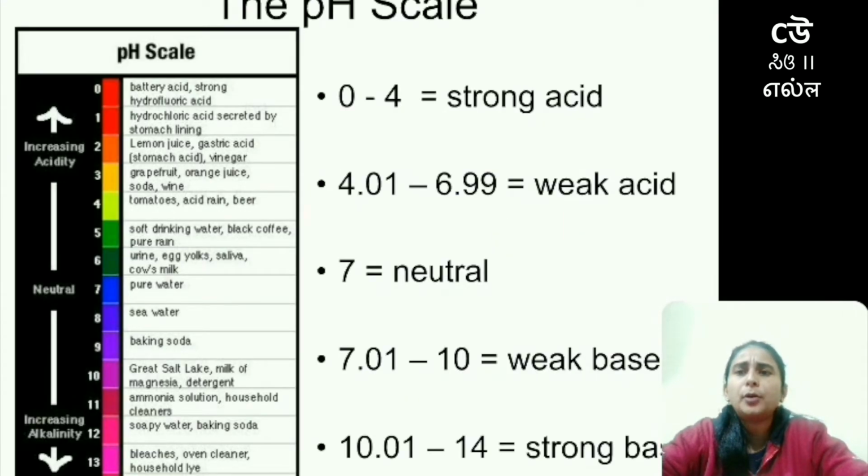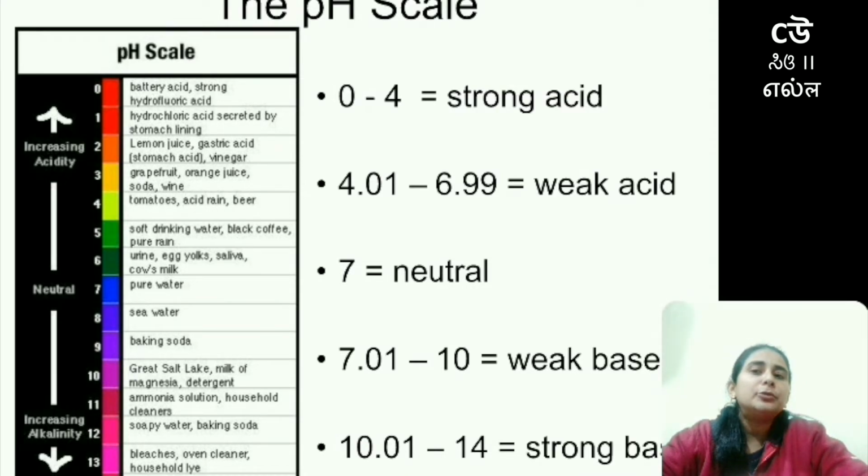So depending upon different pH values, we answer whether a particular substance is a strong one or a weak one. So the number one is, if at all you're measuring the acidic nature of a substance and you get your value between 0 to 4, you will say that okay, it's a strong acid.